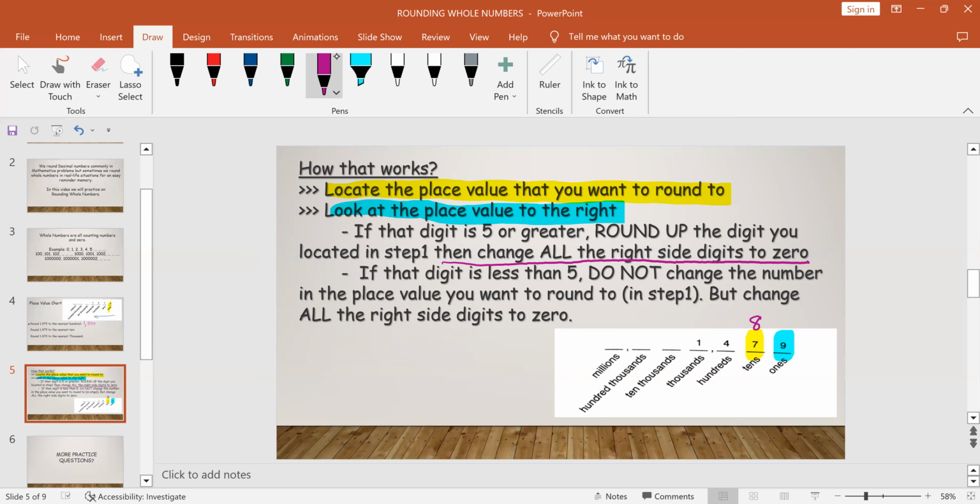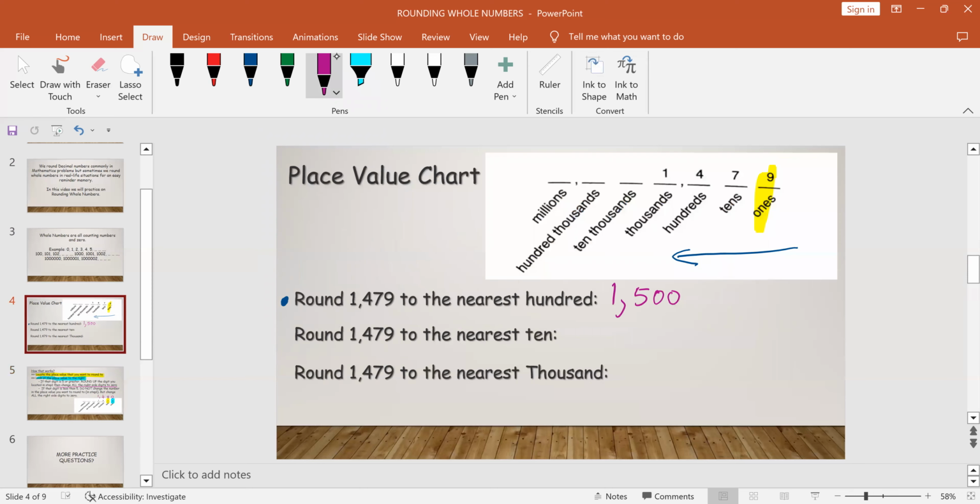And here we have only one value we change to 0. So we have 80, but the left numbers stay the same. So this time we have a 1,480, which is the answer to the second question. 1,480 means we round this 1,479 to the nearest 10.